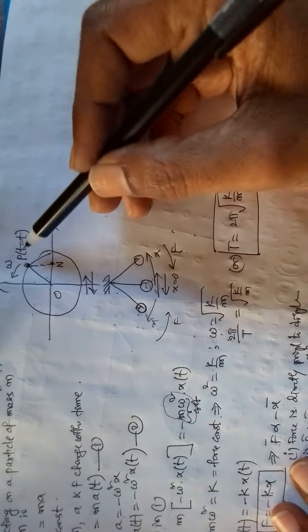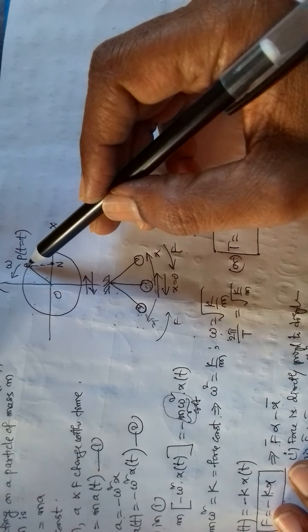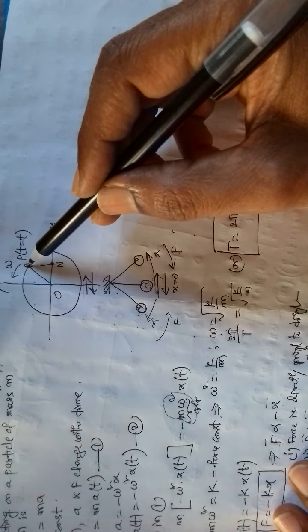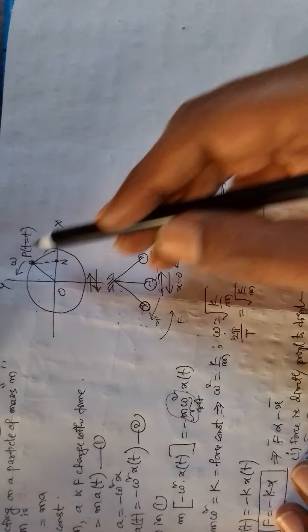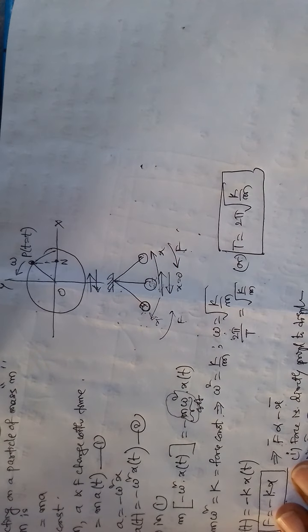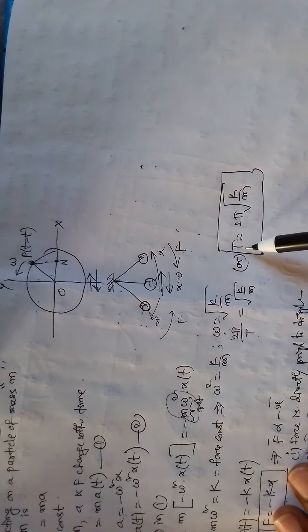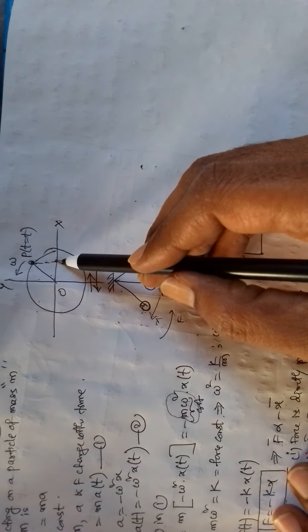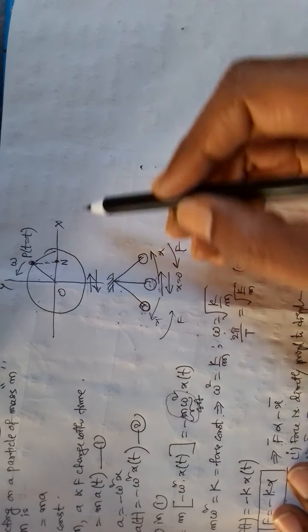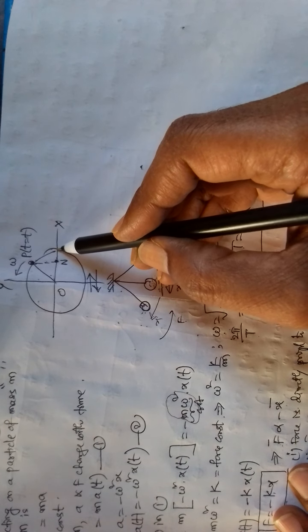If you consider a particle executing circular motion, for this particle, capital T is the time taken to complete one revolution. And if you consider the projection point, for this capital T is the time taken to complete one oscillation. Suppose it has started from here.